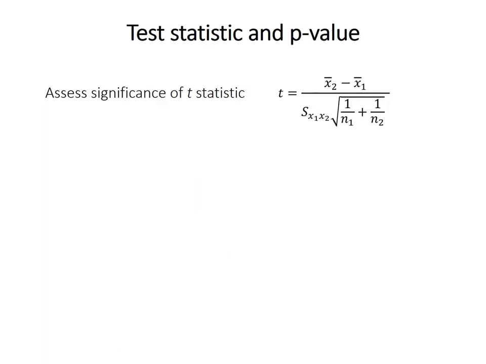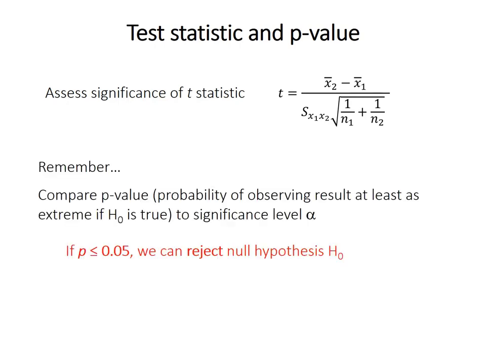Okay, so this formula here, this signal to noise ratio, the difference in means divided by the pooled standard error, is called the t-statistic. But to assess its statistical significance in this null hypothesis framework, we need to calculate the p-value, which is the probability of observing a t-statistic at least as extreme as what we got, if the null hypothesis is true, and we need to compare that to our significance level alpha, which is traditionally 0.05.